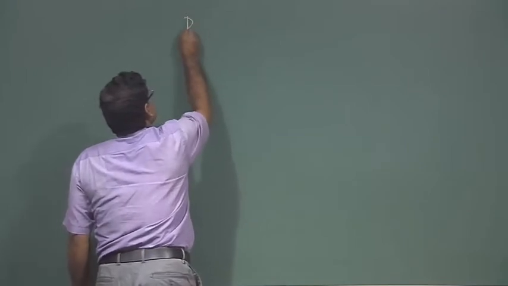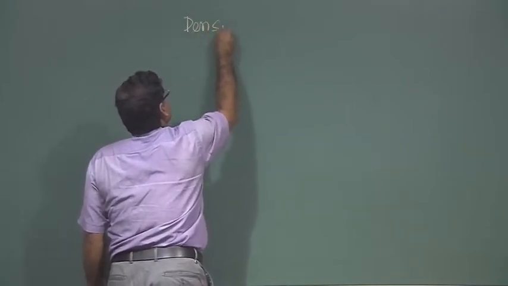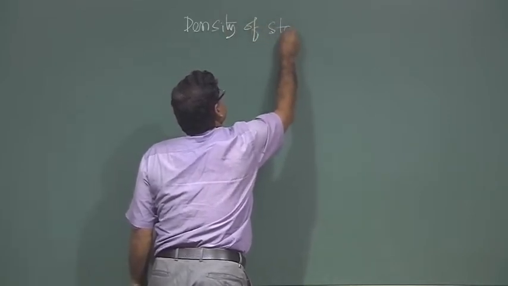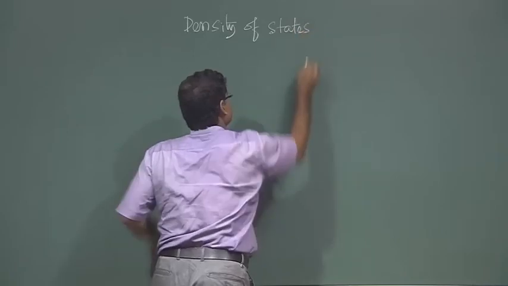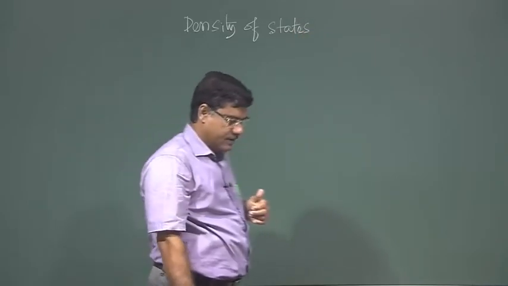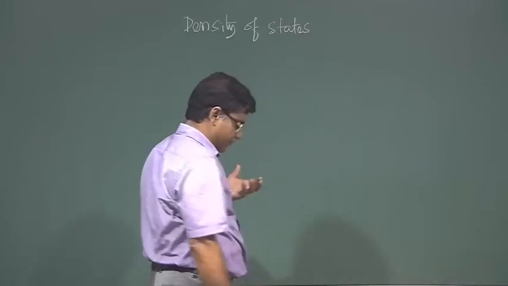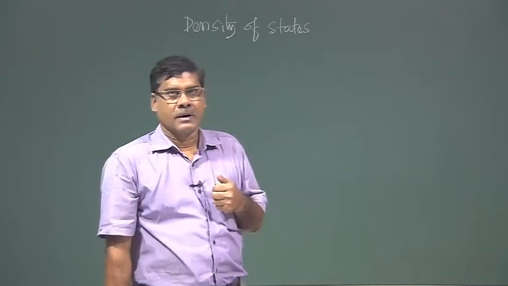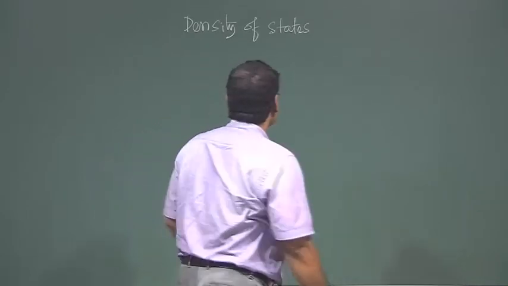So, today we will discuss the density of states of a 3-dimensional electron gas. Density of states is defined as the number of orbitals per unit energy range.